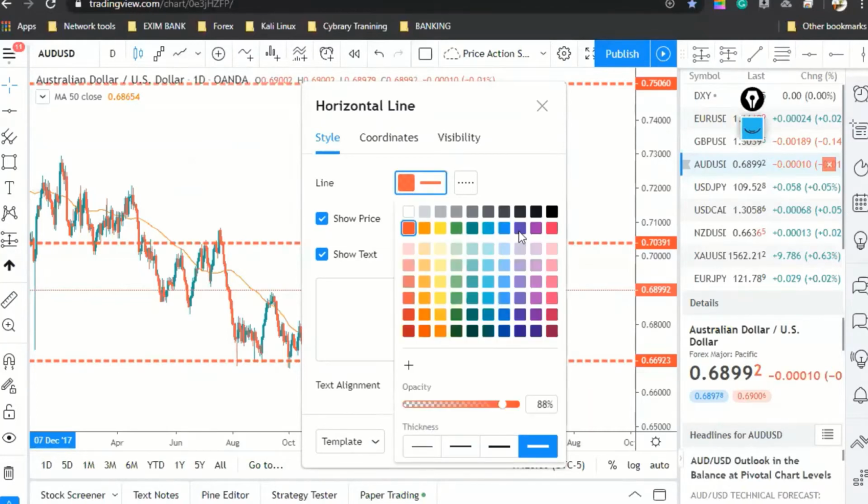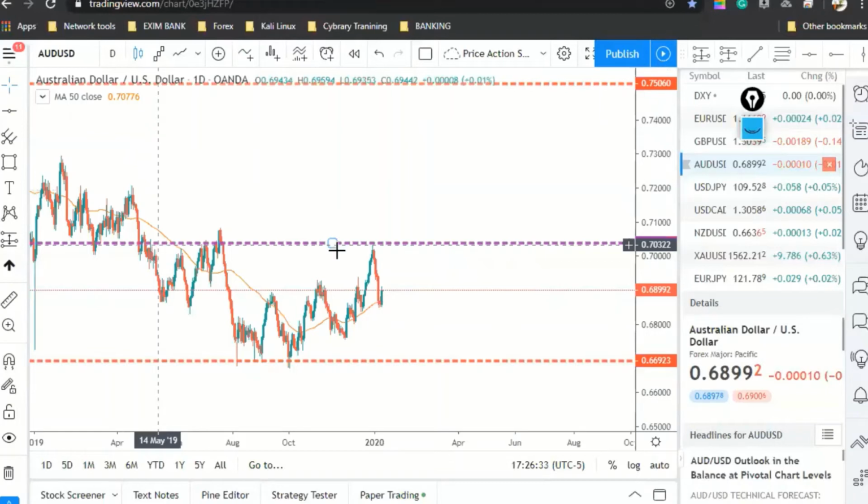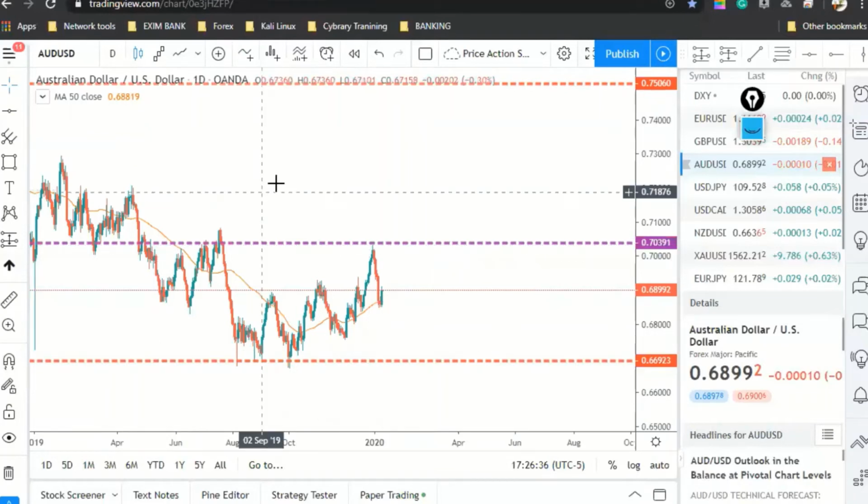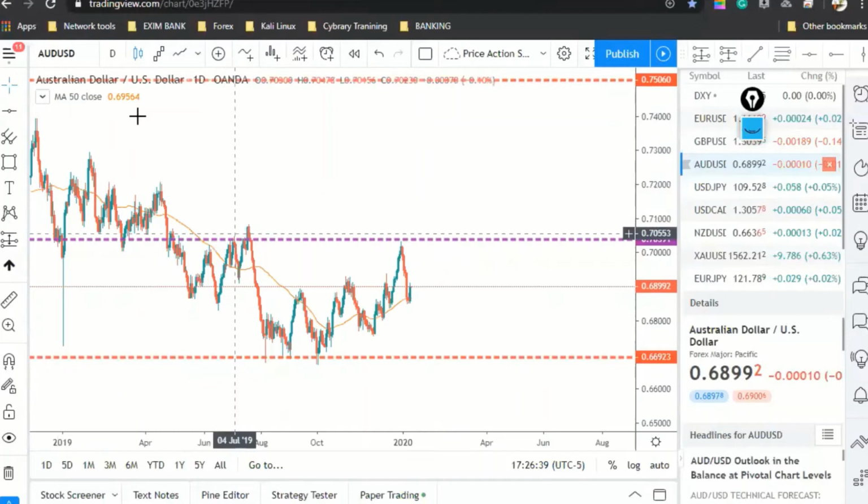Let purple be resistance and red be support. Now, we start on a daily chart.